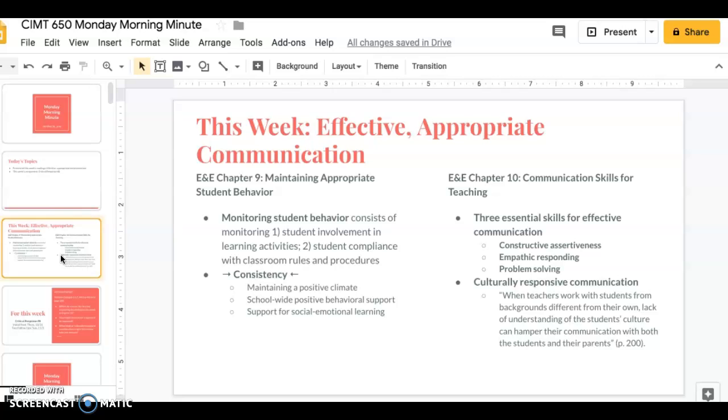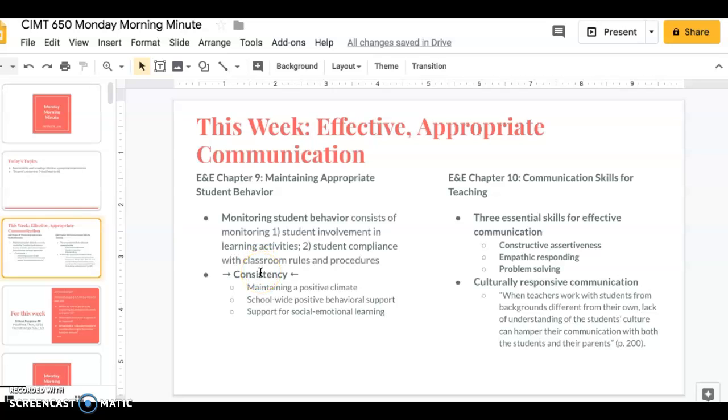To that end, they give two pieces of advice. When you're monitoring student behavior, we're looking for, first of all, student involvement in learning activities, and second of all, student compliance with classroom rules and procedures. They go into depth about both of these, and I think it might be helpful for us, just so we know what we're looking for when we enter a classroom.